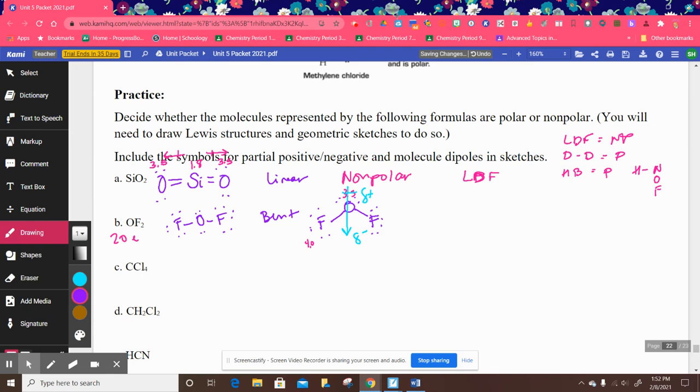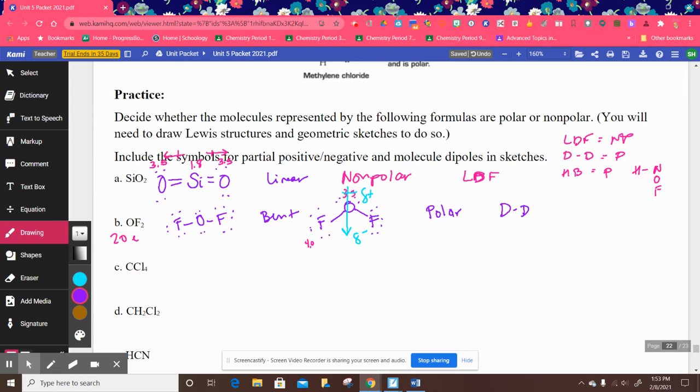So this is a polar molecule overall. There's an imbalance in the pull of shared pairs of electrons. If I had other OF2s around, they would have dipole forces between them, because in this case, there's no hydrogen, but it is a polar molecule.